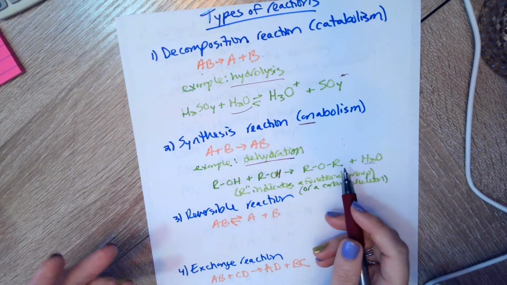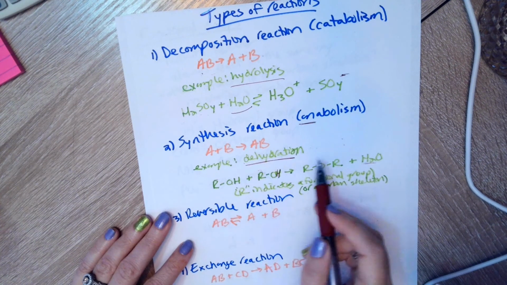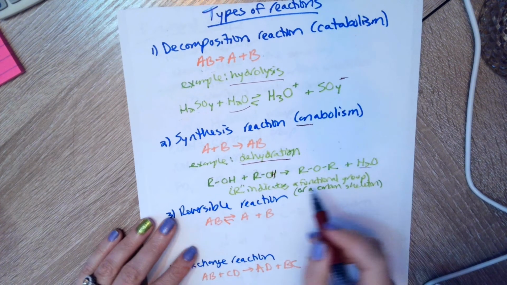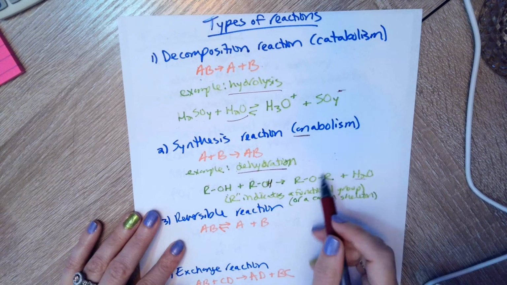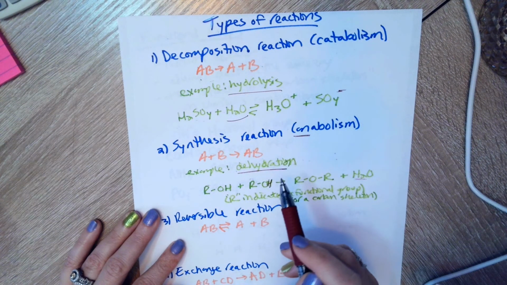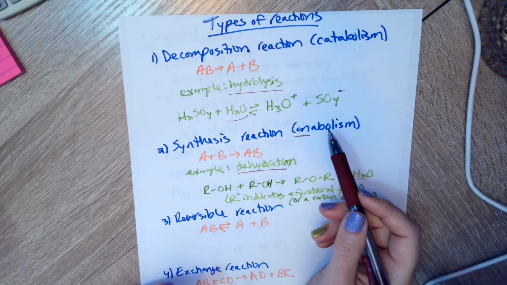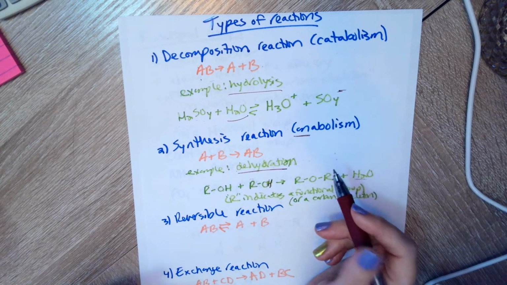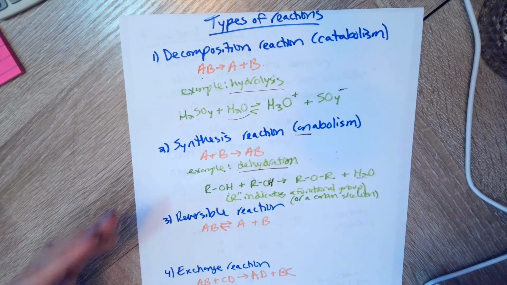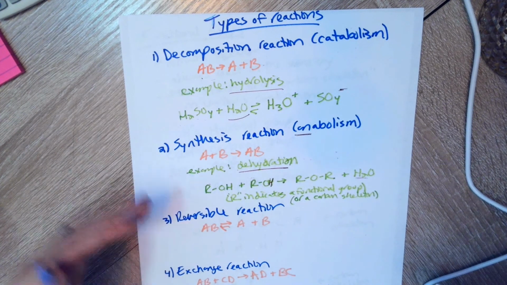If we were to take a bunch of glucose and do a bunch of dehydration reactions and string them together, we get glycogen, which is the stored form of glucose. Then if we were to do hydrolysis on the glycogen, we would be breaking apart the glycogen and getting the glucose back out again. So all of that, they kind of go together.